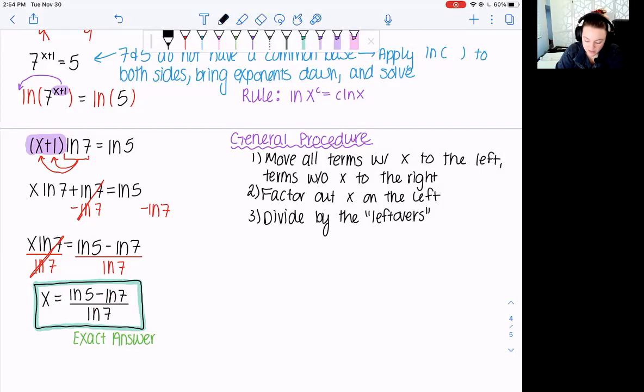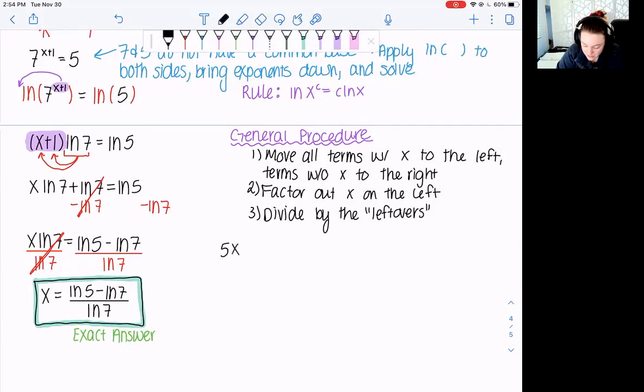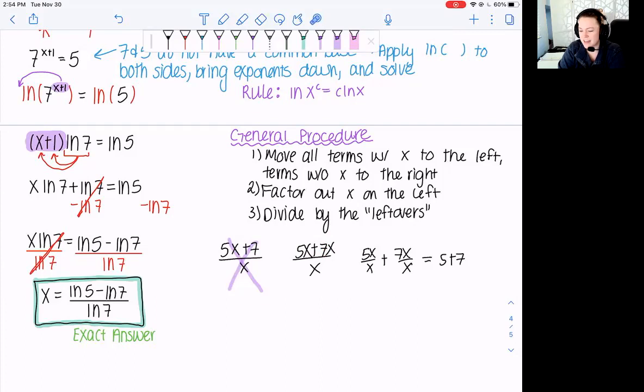It's like if you have 5x plus 7 all over x, you can't cancel those x's out. But if you had 5x plus 7x over x, then you could cancel all the x's out. You could split it into two separate fractions, and then the x's would cancel, so you'd have 5 plus 7. You couldn't do it there, but you could do it if they both had x's. Does that help a little bit?